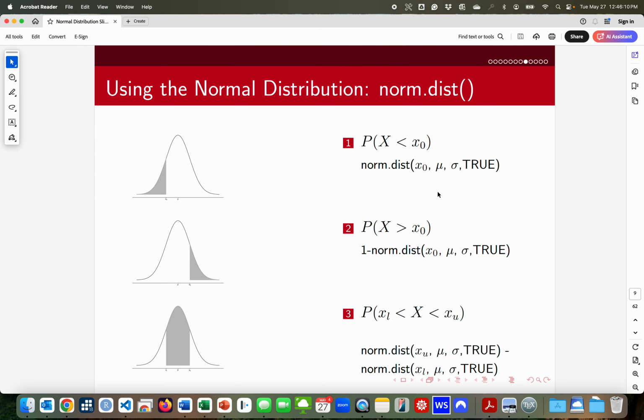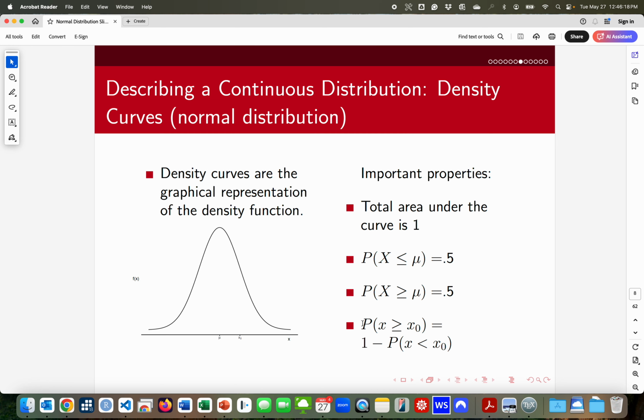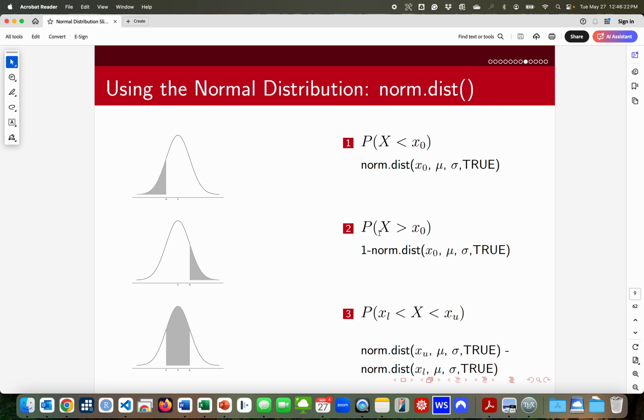We can also find, for some arbitrary value x naught, what's the probability that x is greater than that? And using this property right here, the way we find the probability that x is greater than some value is by taking the probability that it's less than that and then subtracting that from 1.